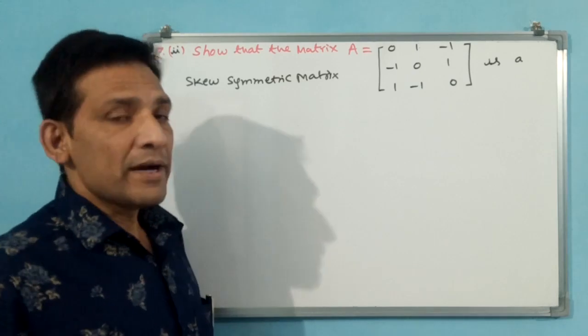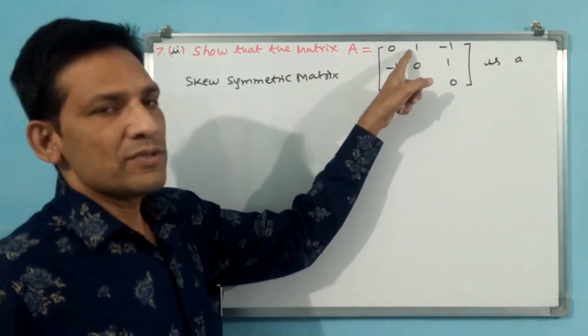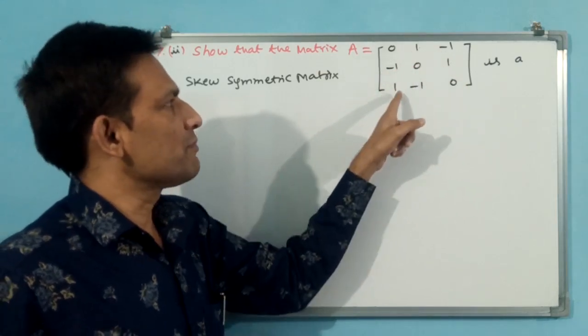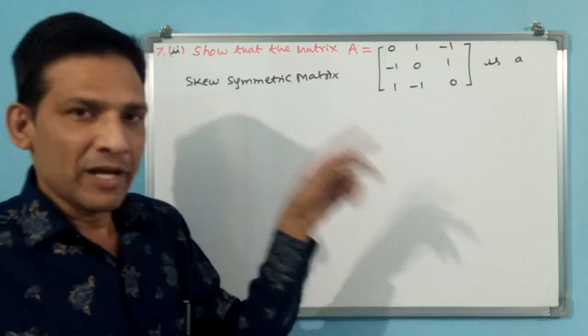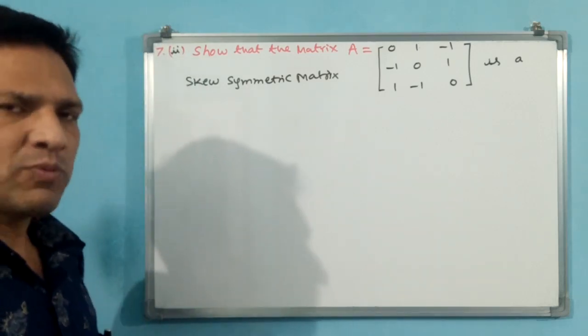The third condition is that opposite elements should have the same value but with a negative sign. You see, 1 opposite is -1, -1 opposite is +1, 1 opposite is -1. If that is there, then this will be a skew symmetric matrix. Even then we will transpose and see.